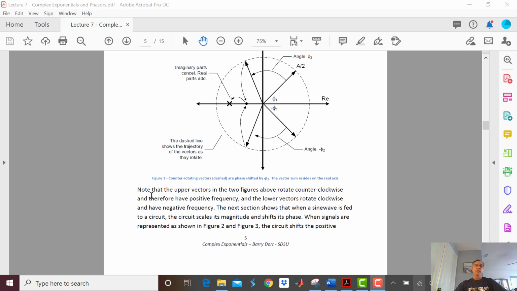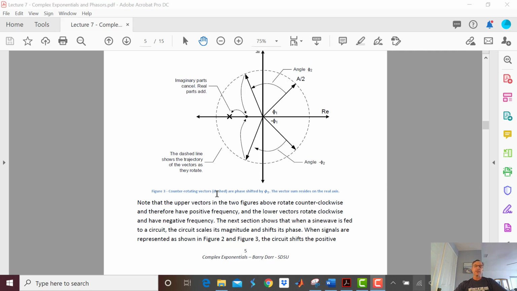And so you see that the upper vectors in the two figures rotate counterclockwise and therefore have positive frequency. The lower vectors rotate clockwise, and we say they have negative frequency. In the next section, we're going to show that when a sine wave is fed to a circuit, the circuit scales its magnitude and shifts its phase.